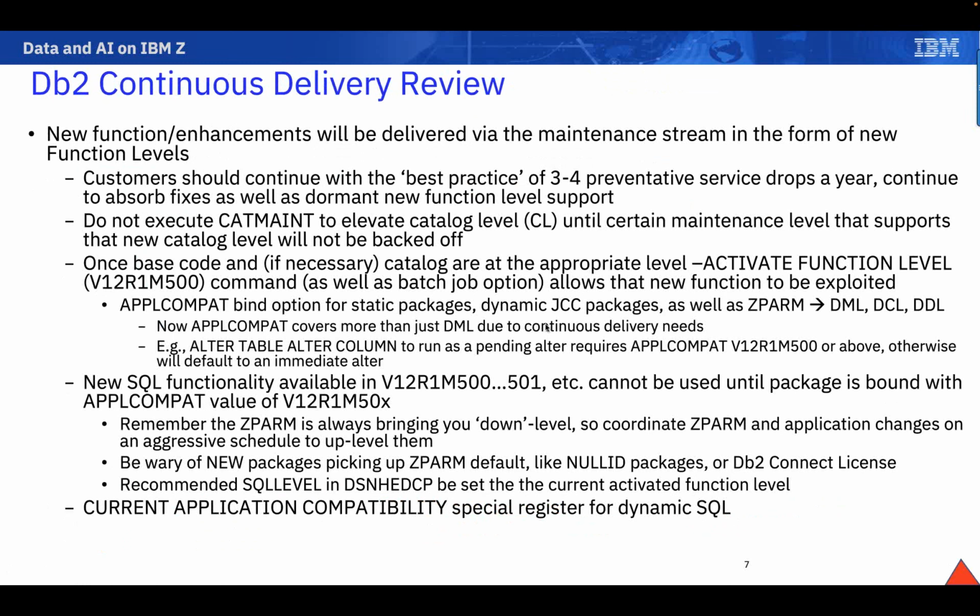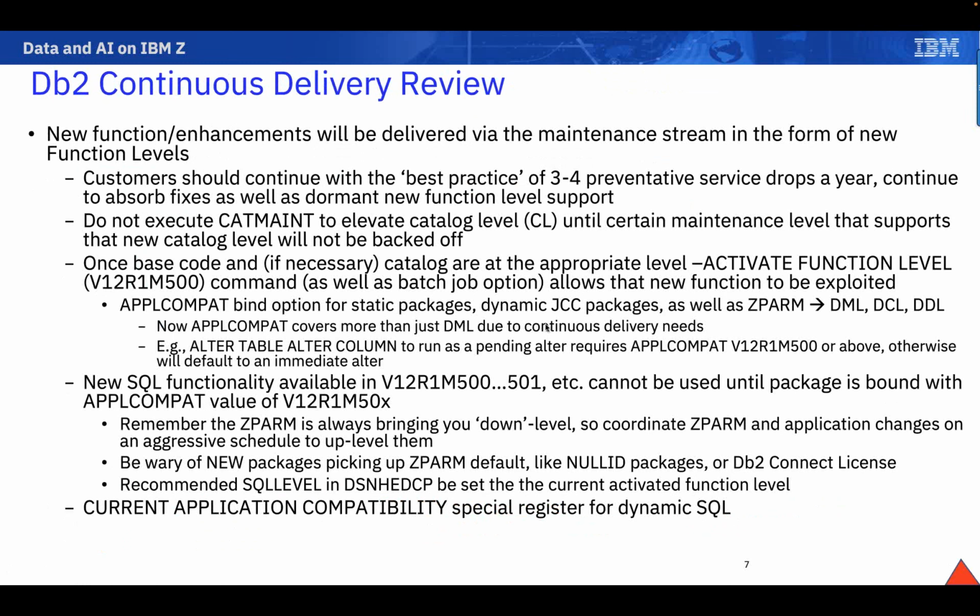And the other piece, the recommendation for SQL level in DSNHDECP, is to put that at the highest level that you'd want people to go to. So when you do your precompiles and everything, you can handle that. So ZPARMs, the lowest common denominator, SQL level and DSNHDECP at the highest level.